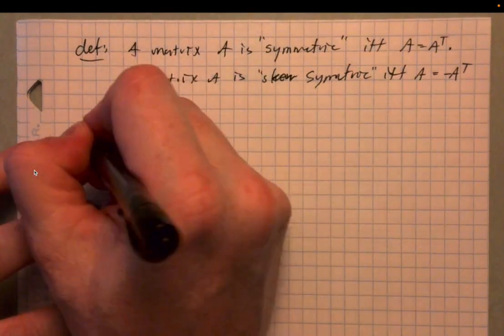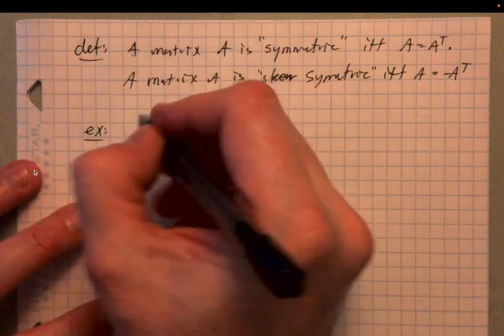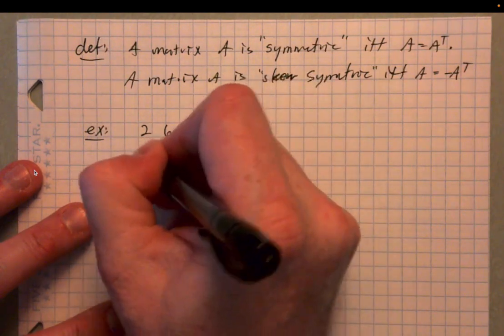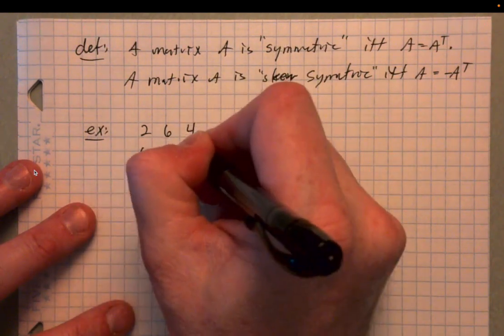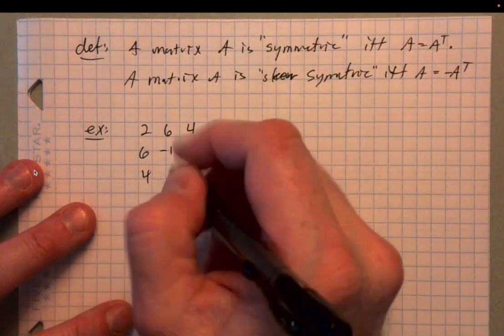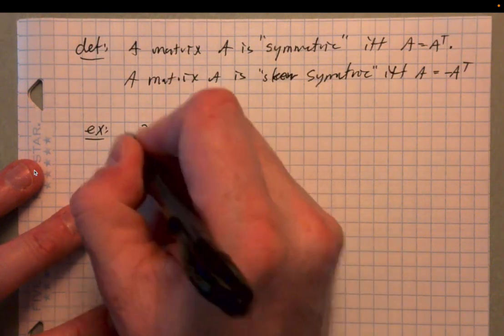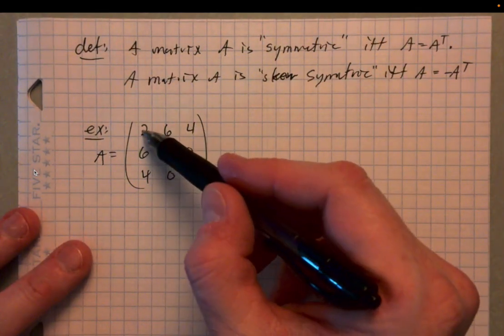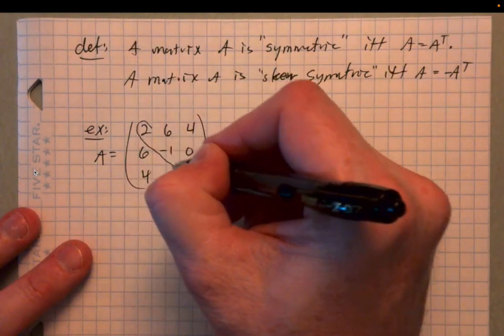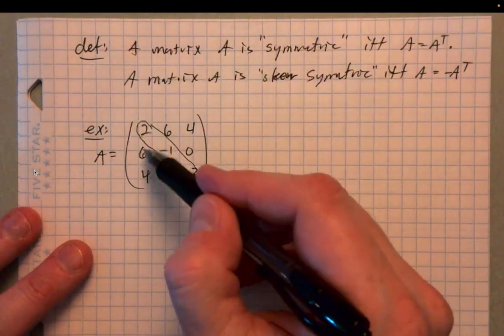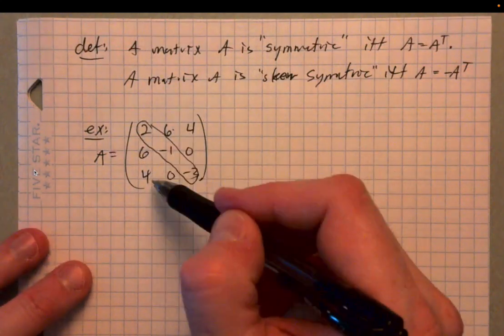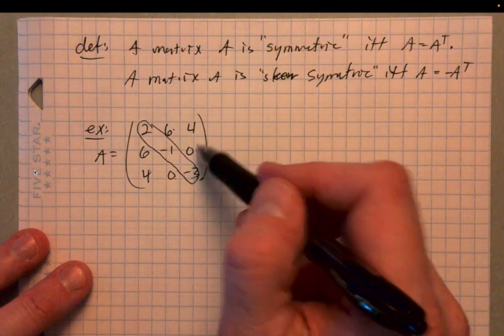Let's do an example of a symmetric matrix. In some sense, this is a straightforward idea, but in another sense, it maybe isn't. So 2, 6, 4; 6, -1, 0; 4, 0, -3. We'll say this is A. One thing you'll notice is that if you look across the diagonal, there's a symmetry, right? 6 is equal to 6, 4 is equal to 4, 0 is equal to 0.